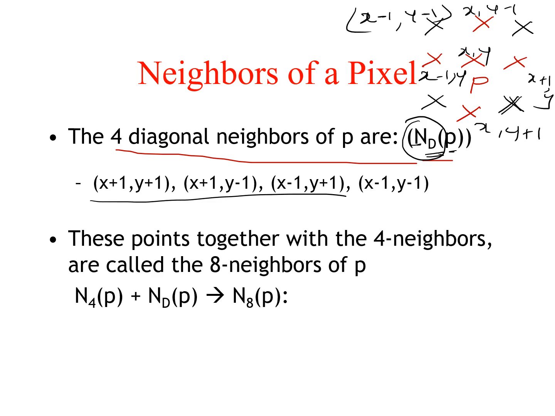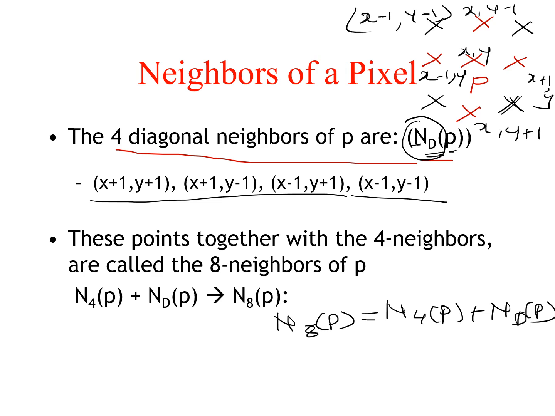So you will get these four diagonal neighbors. Now if I add N4(P) plus N_D(P), what should I get? 4 plus 4, 8. So it is represented by N8(P). Any given pixel will always have 8 neighbors: 4 diagonal, 2 vertical and 2 horizontal.